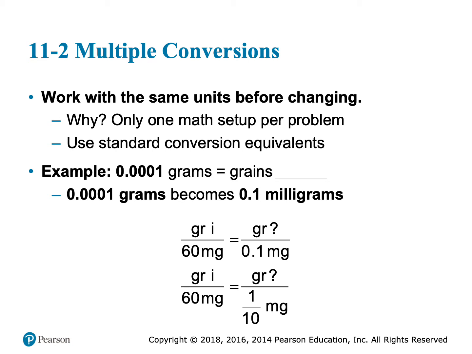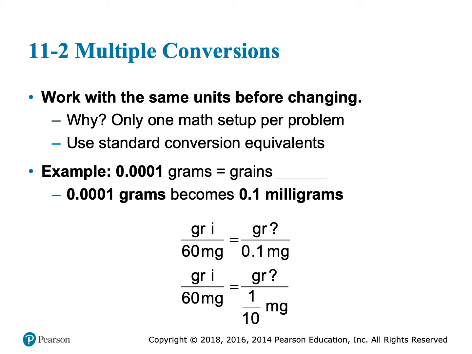So we need to remember how to convert 0.1 milligrams to a fraction. The way that we do that is we look at the decimal point and count how many numbers are to the right of it. In this case, there is 1. So we're going to set that 1 over a 1 and 1 0.